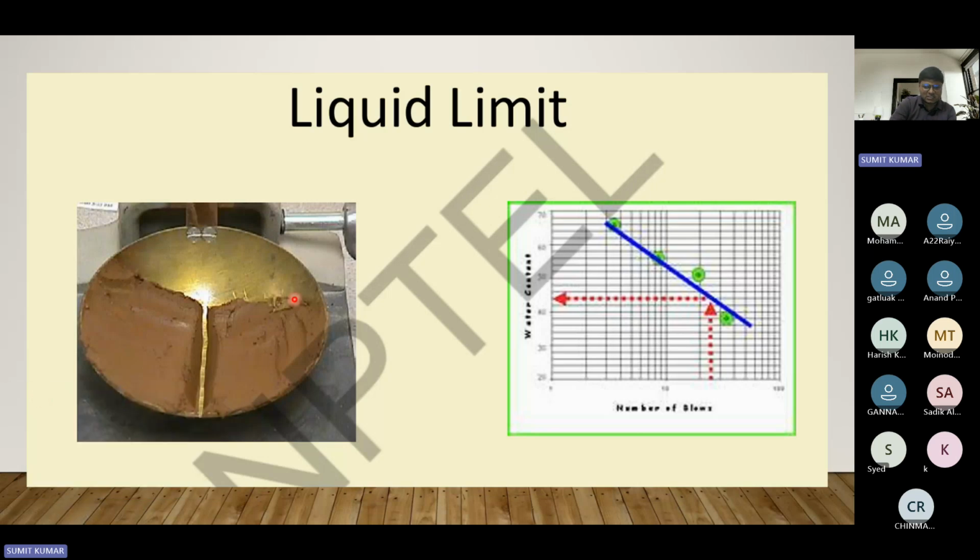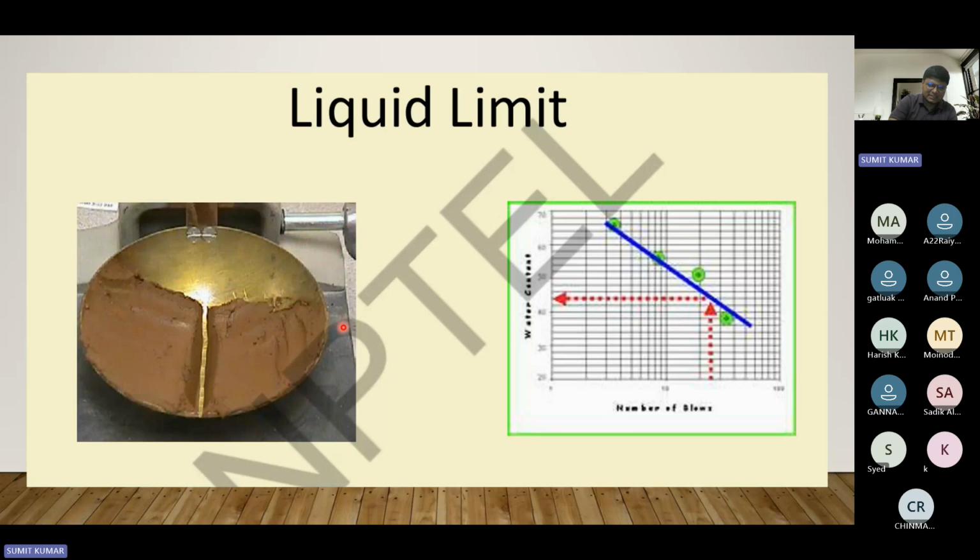If you are able to see, there is a handle shown over here, which is moved at some rate. The soil paste is kept over there, and it is allowed to flow out up to half an inch. At that point, the soil is taken and the water content calculated is the liquid limit.